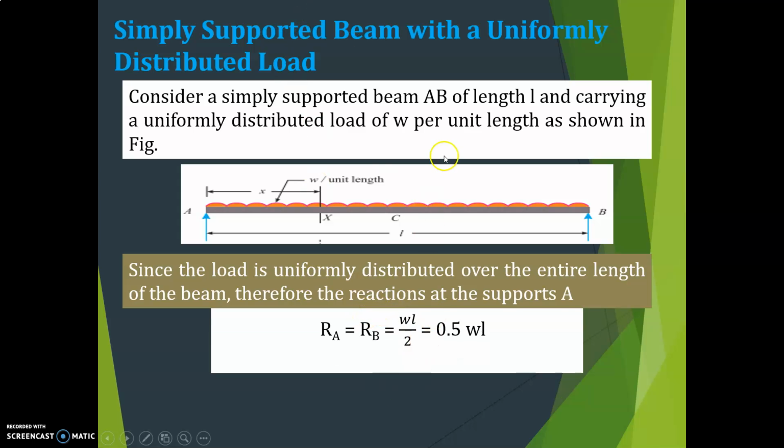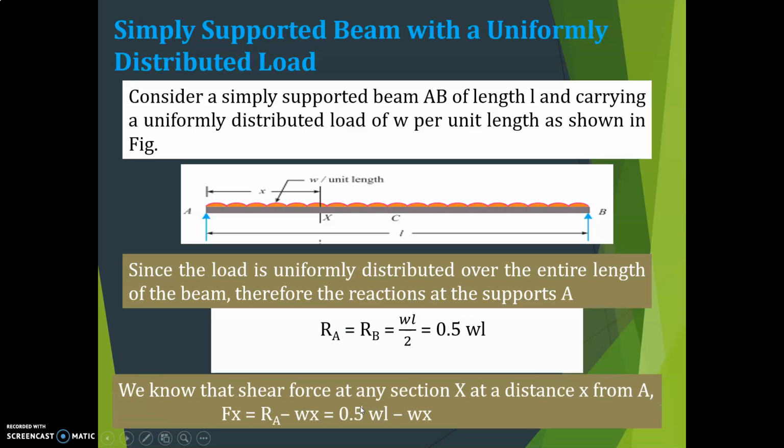Here this load is W into L, divided by 2, because the two reactions share that load equally. So WL divided by 2 is equal to RA and RB, or 0.5 WL.